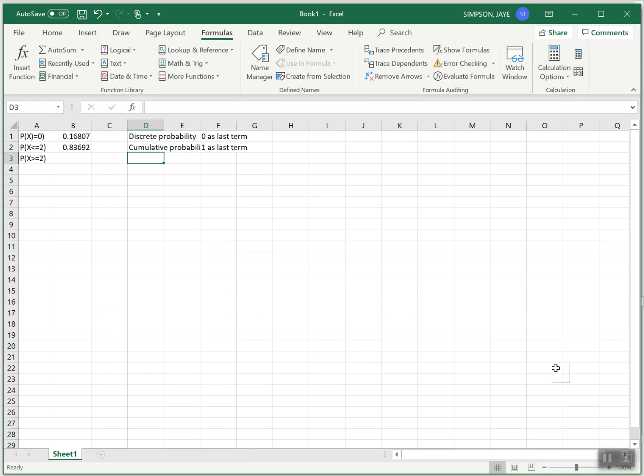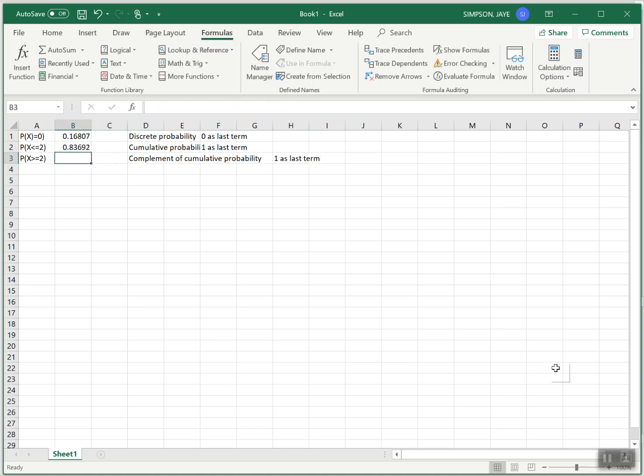So then we're going to say 1 is the last term, but we're going to write the formula as 1 minus, just like we did with our probability.